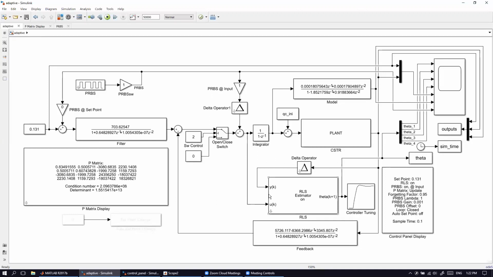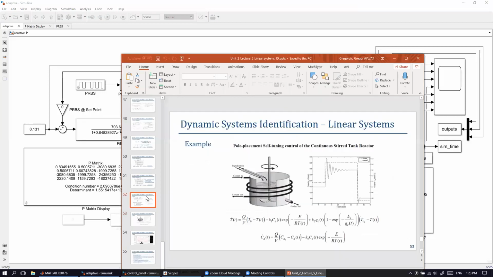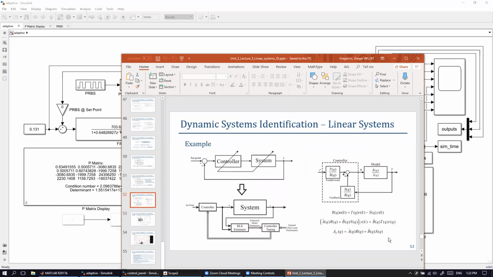So that means the input to the recursive least squares estimator and the output of the plant, and then the recursive least squares provides us the parameters of the model, right? Which are here, and we will observe them as well, right? And now these parameters of the model get used, so from the model, the controller is calculated using this set of equations.